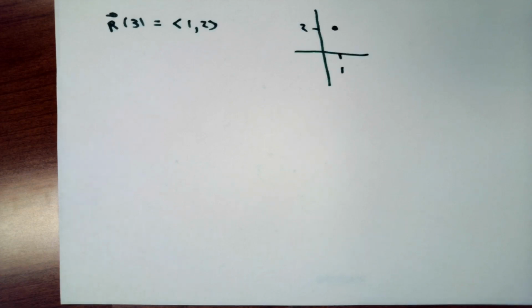For example, when we were doing maximum or minimum problems or finding inflection points, it turns out that what we want to happen in Calc 1 is what we don't want to have happen now. If I were to tell you a value for one of these functions, say that r evaluated at 3 is the vector 1, 2, this tells me the endpoint of the vector that goes with that t value, or if t is time and I'm actually thinking about the component functions as being coordinates, that is literally x equal 1, y equal 2.